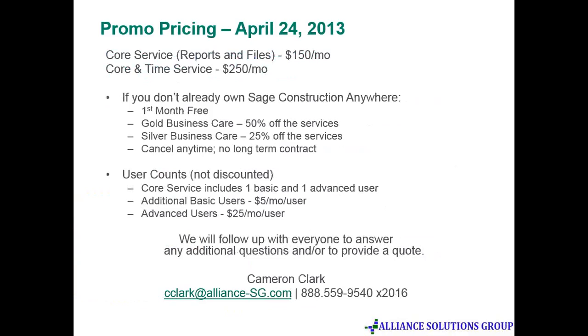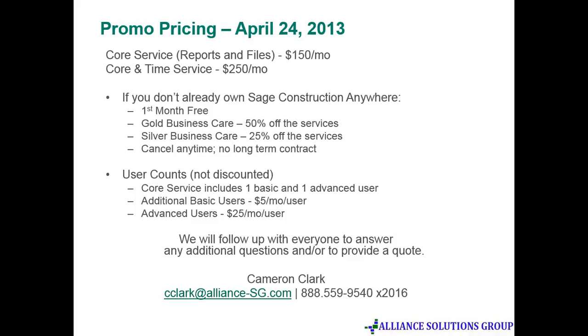The promo pricing, and we'll come back around and address this at the end as well: the core services, which gives you access to all your project reports and project files, is $150 a month. And the core services plus time entry, or time capture, is $250 a month.